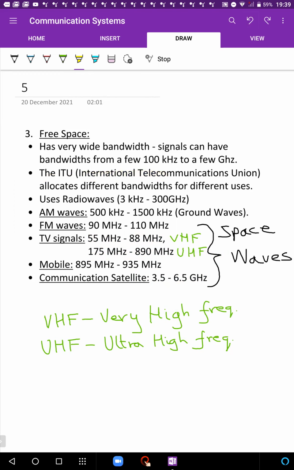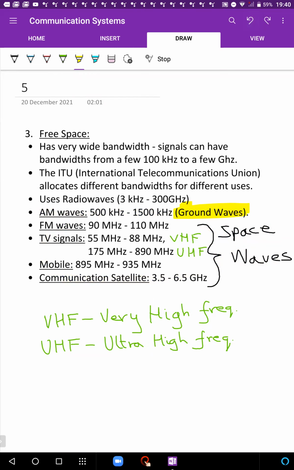Ground waves and space waves, we're going to look at that in a bit. When we study ground waves, you're going to see that it is a mechanism of propagation for low frequency waves. When you see the range, you can understand: AM waves use the ground waves mechanism, and all these other ones use the space waves mechanism. Sometimes they'll ask questions like that.